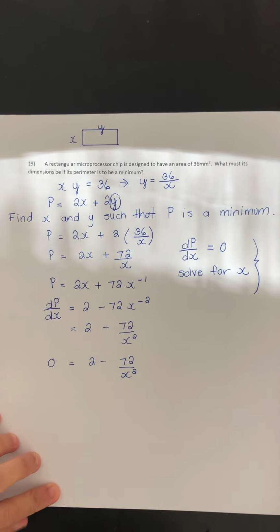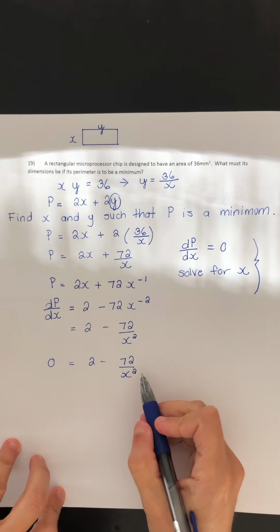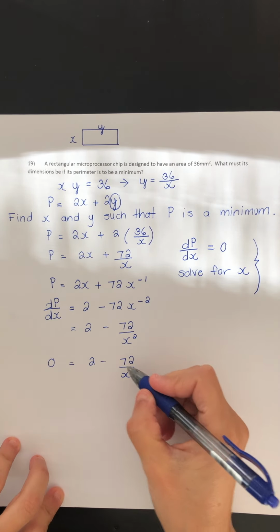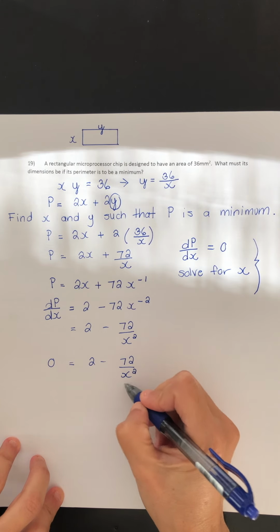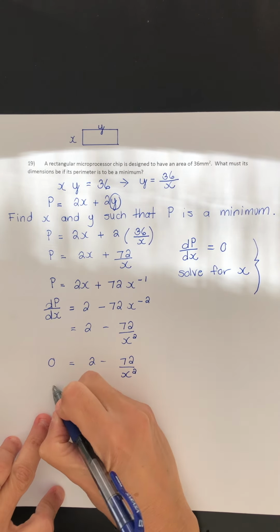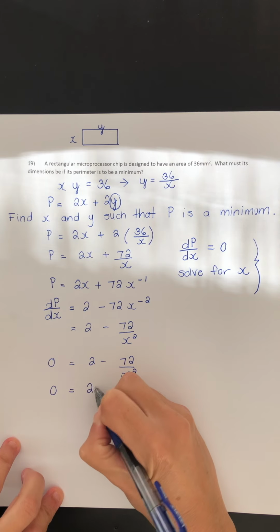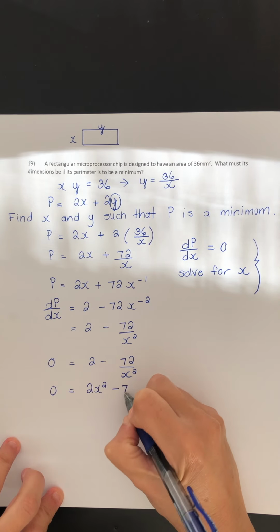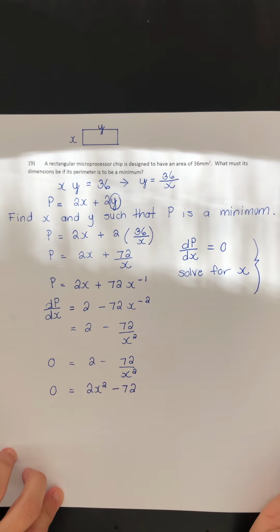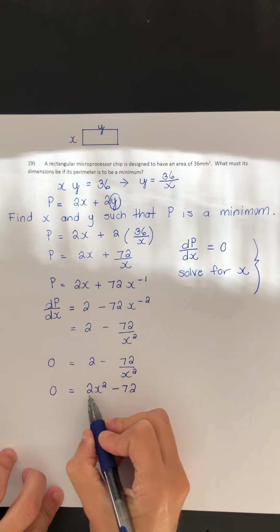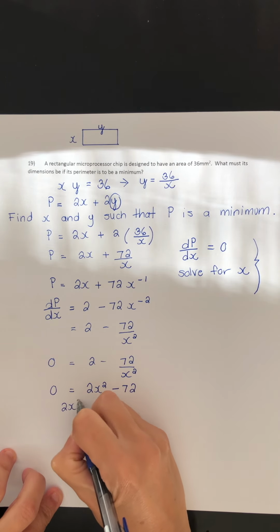Okay, so in order to help us out, we can use that little trick again. We're going to multiply all terms here by x squared. So 0 is 2x squared minus 72. Solving for x, first we can isolate 2x squared.